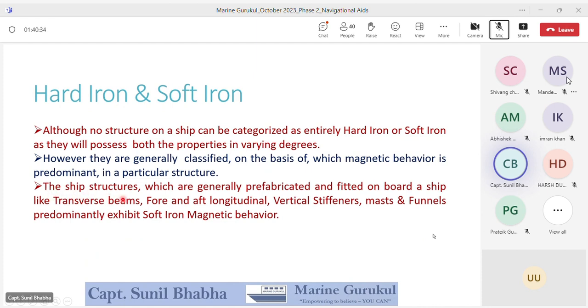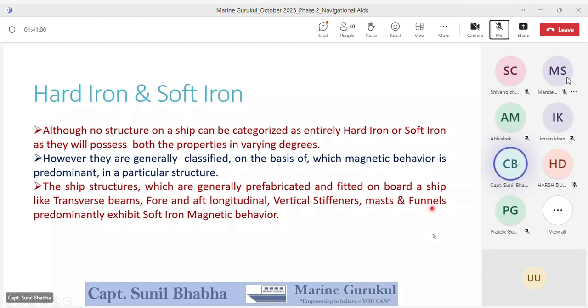The ship structures which are generally prefabricated, means they are made in the factory or made in the yard and fitted on board in situ, could be the transverse beams, the fore and aft longitudinals, the vertical stiffeners, the mast, the funnel.